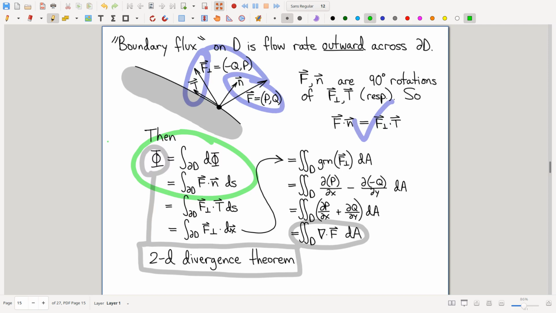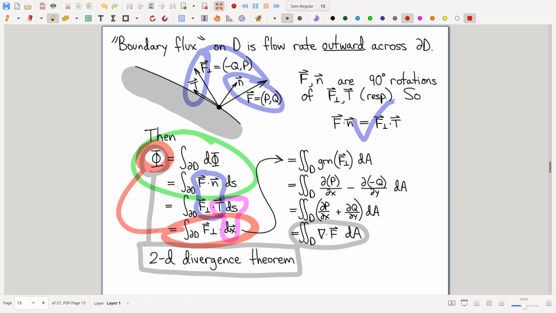Our little geometric trickery up there allows us to rewrite that as this. And then, of course, T ds is dx. And lo and behold, what we find is we can compute flux with a regular old vector line integral. And I believe this is where we ended last time.